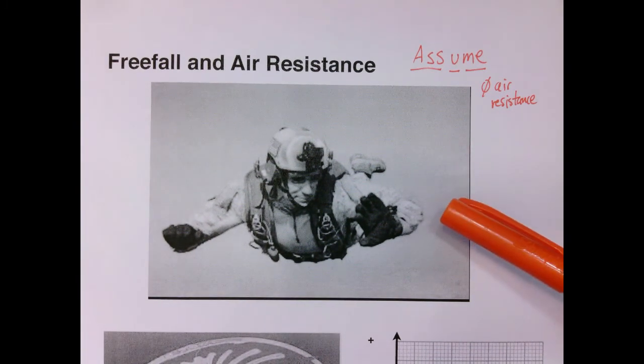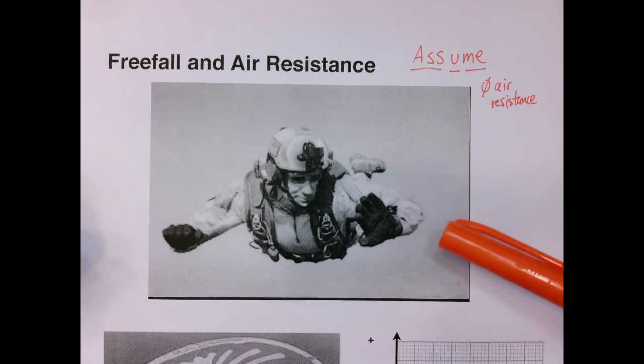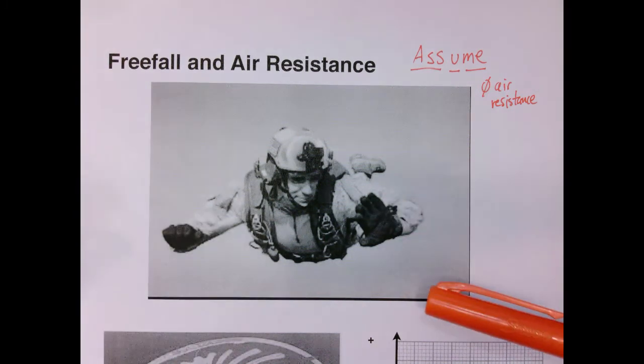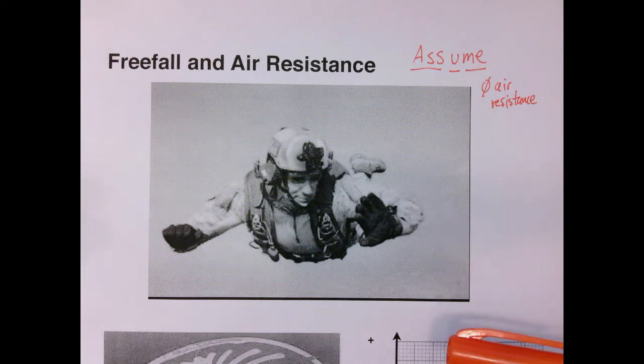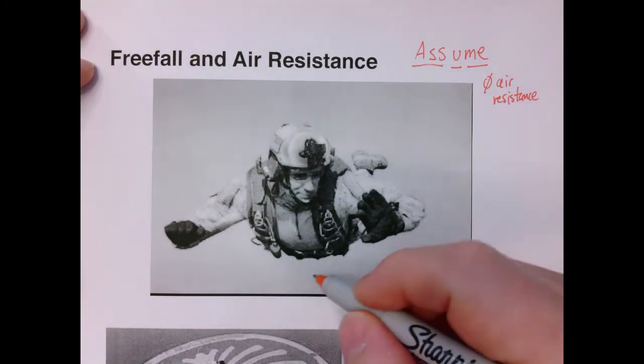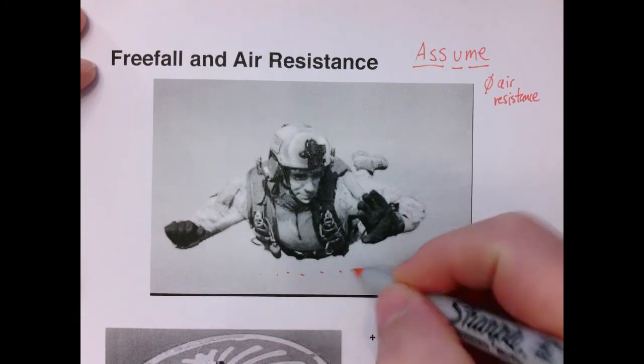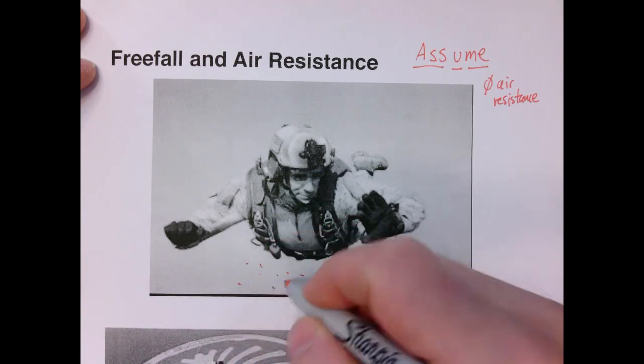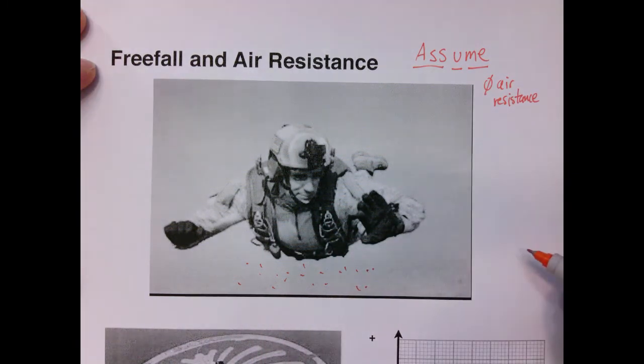So here what we see is a Navy SEAL diving, free falling, skydiving, and he just looks like a normal person. If underneath this you had what looked like a carpet, it would look like he was just lying on the ground. But instead he is actually free falling from an airplane. And what happens with free fall, as you go faster and faster, you are impacting and hitting ever-increasing numbers of air molecules.